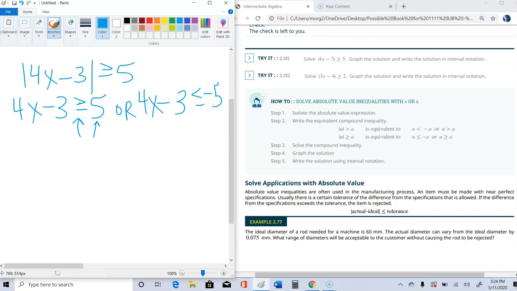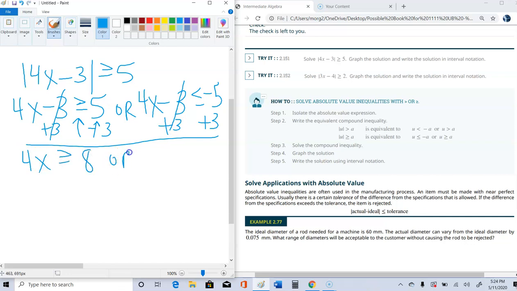Now we can solve each linear inequality. Let's add 3 to all sides. So we have 4x is greater than or equal to 8 for the first inequality, and then 4x is less than or equal to negative 2 for the second linear inequality.